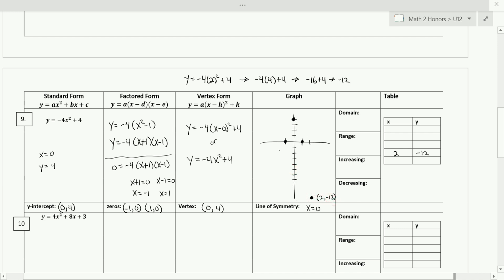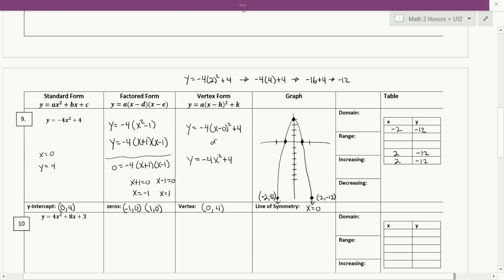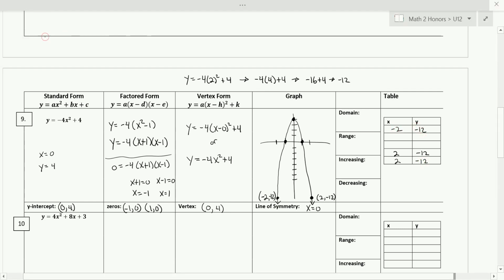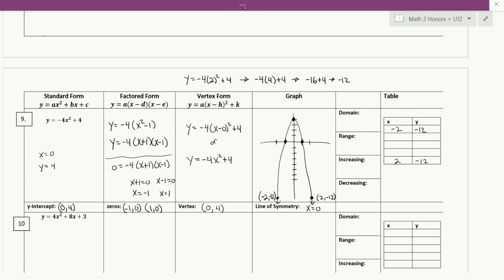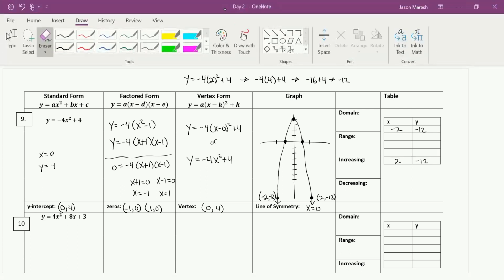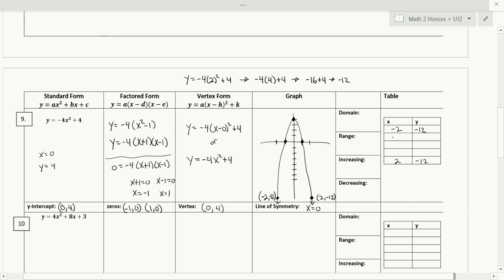And there's going to be a matching point at negative 2, negative 12. And I'm going to fill in what I have for points.